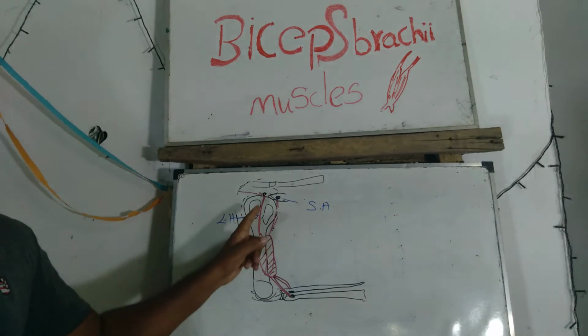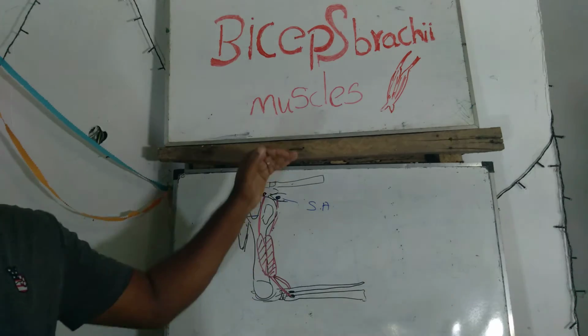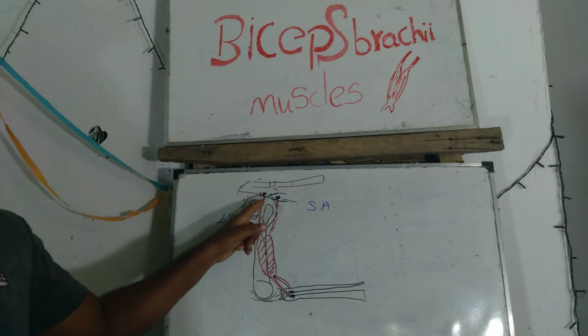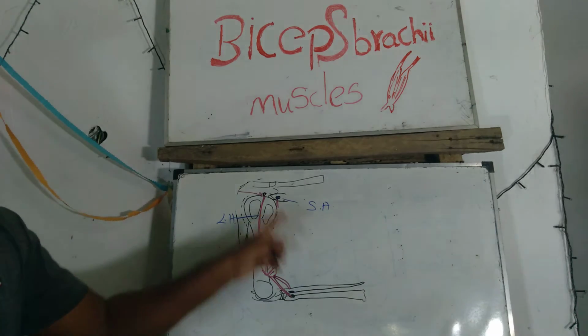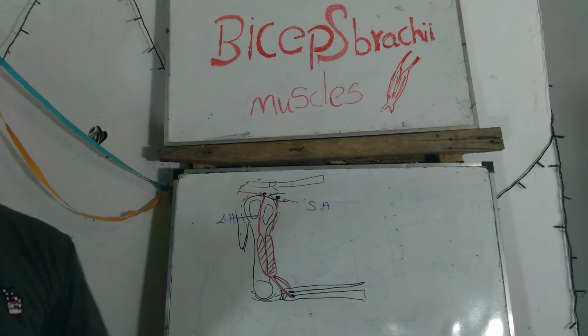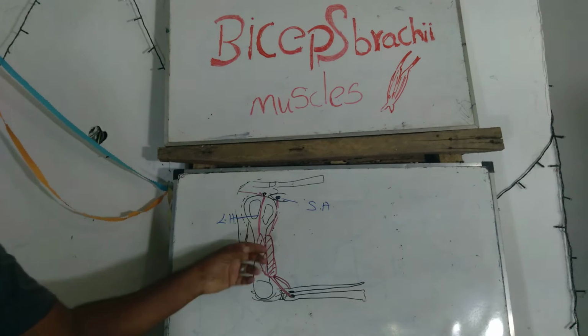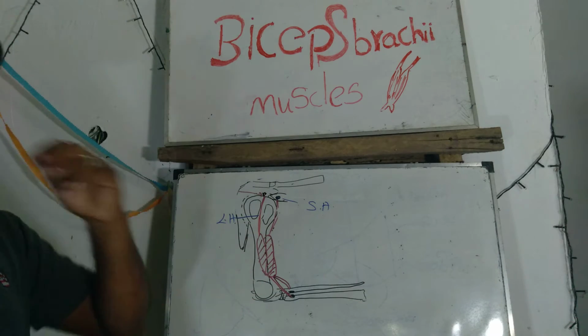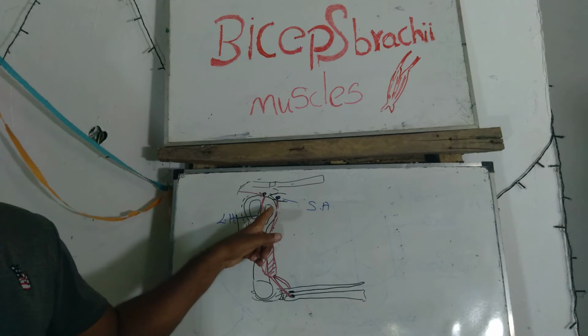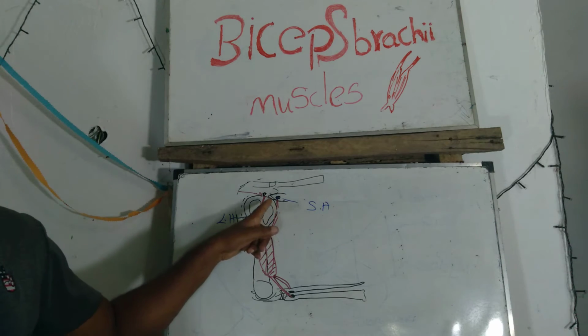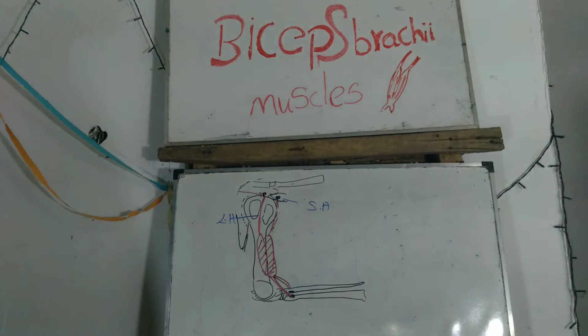The humerus head is just above the supraglenoid cavity, the origin of the long head. The long head comes through the humerus head.